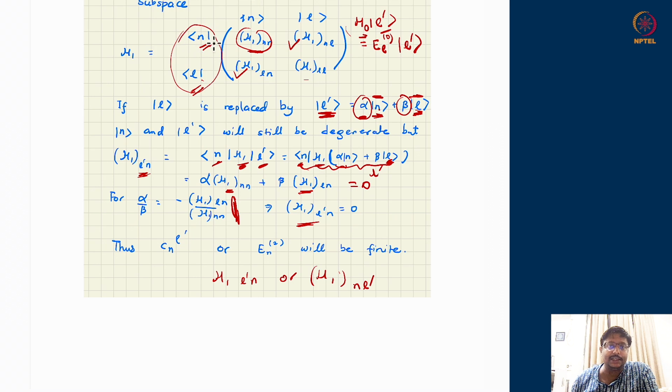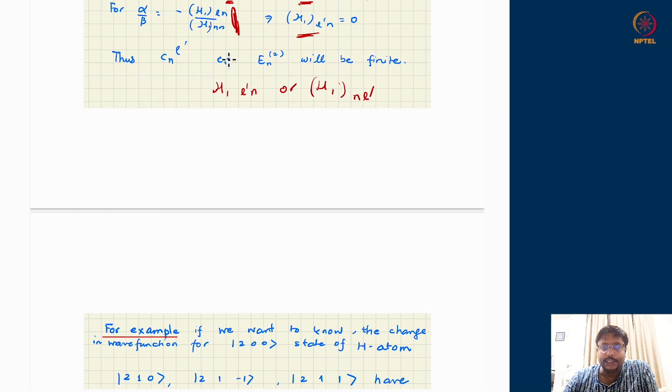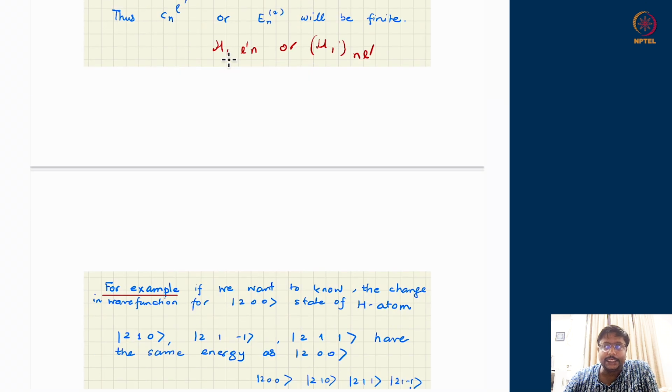Degenerate subspace meaning all those states which have the same energy corresponding to H0. You write down the perturbation Hamiltonian in that basis and try to see if this is diagonal or not. If they are not diagonal, do something about it. Try to diagonalize it. While you try to diagonalize it, you are just linearly superposing n and L. This does not change anything corresponding to the unperturbed Hamiltonian. So the idea is, we will always write down the perturbation Hamiltonian in a diagonal degenerate basis.